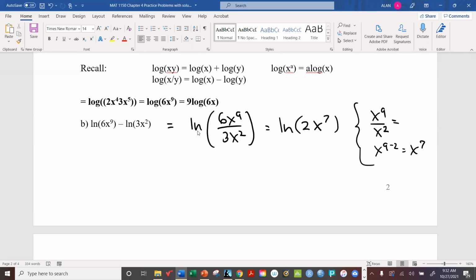And then, of course, you can rewrite this as 7 natural log of 2x. All right. So the properties above are the ones that are letting us do this. And you know, in some cases, this can make a big difference as far as how simple these results really are.